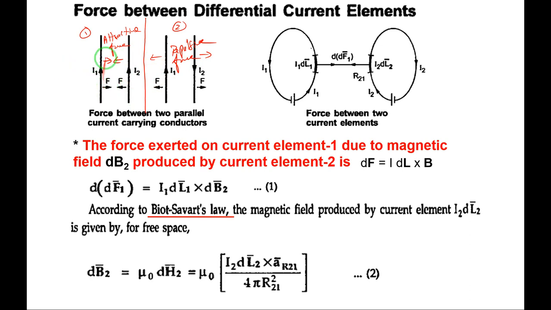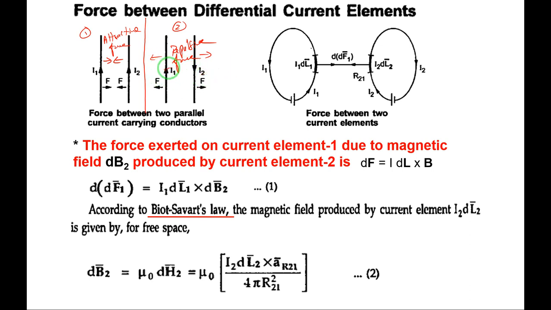In the same way, whenever the direction of current flow is the same, there is an attractive force between the differential current elements, and whenever it is opposite, there is a repulsive force. Having this in mind, we will find out the force exerted on each other.